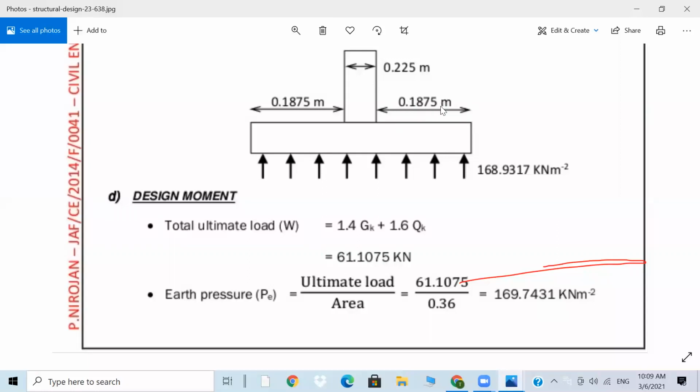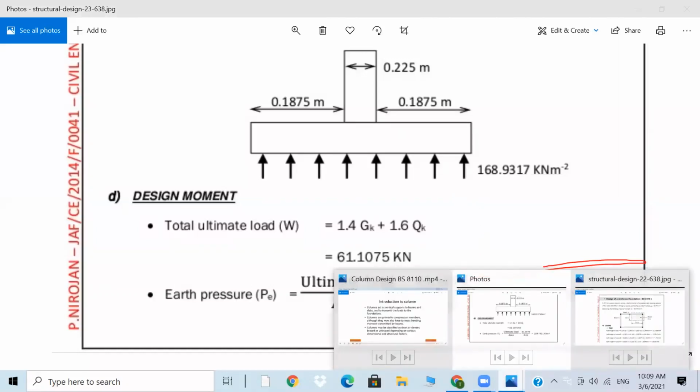So this has to be multiplied by 0.875. The total load you have to find out, the resultant force coming here: 169.74 multiplied by 0.875.